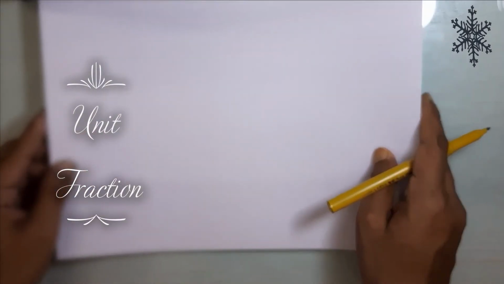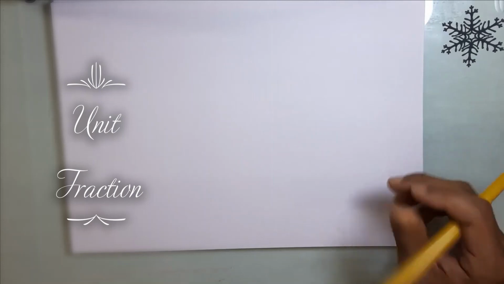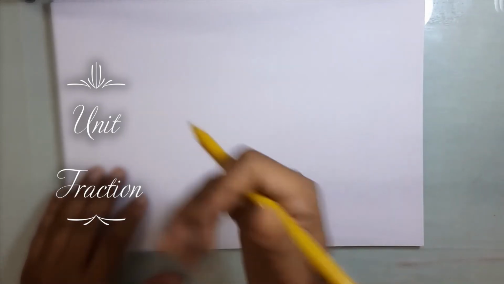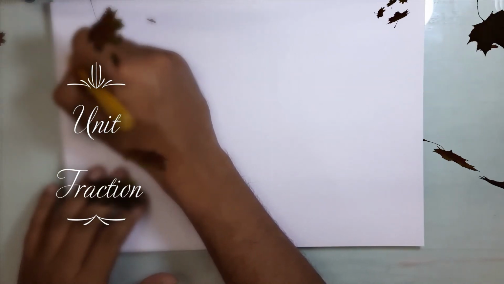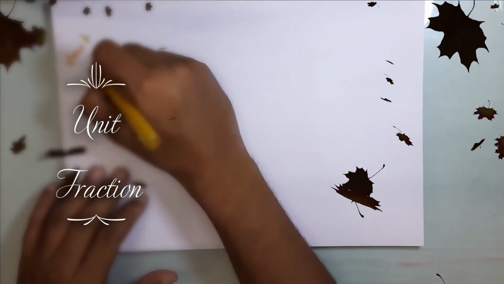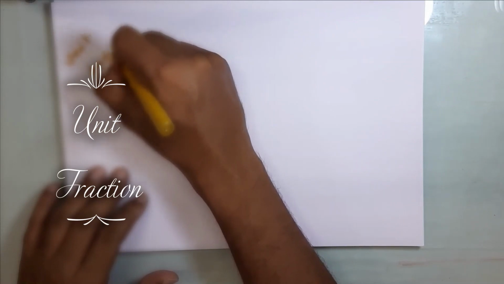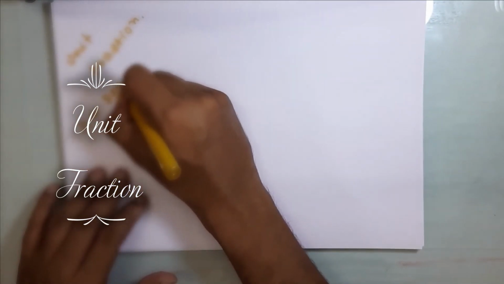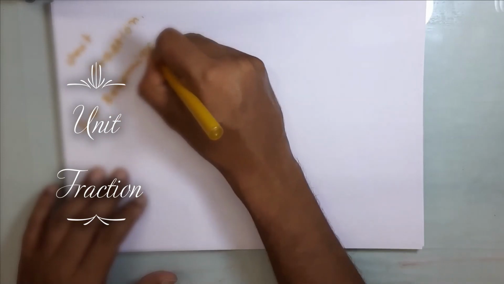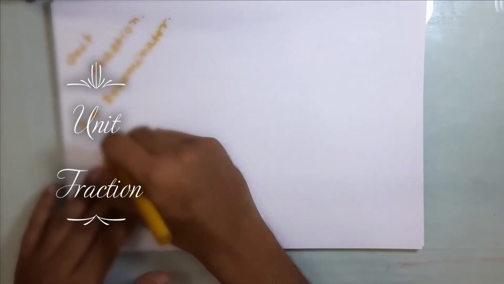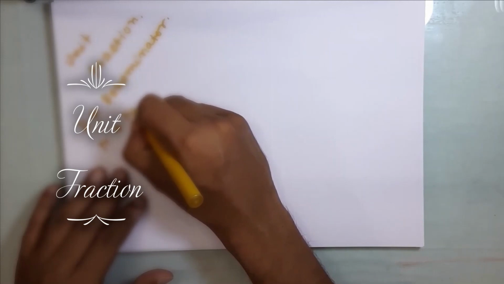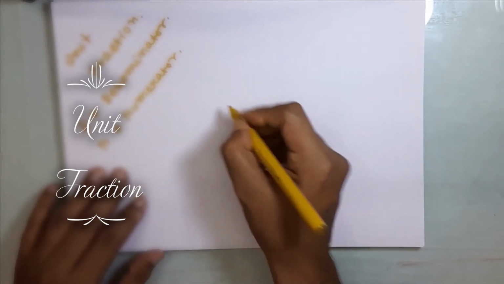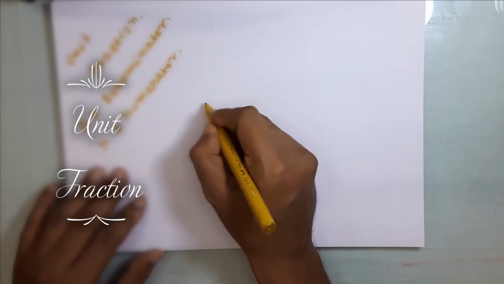Now unit fraction. We know what is unit fraction. The definition of unit fraction is the fraction with 1 as a numerator. So let me first give you an example. So let me write a proper fraction.